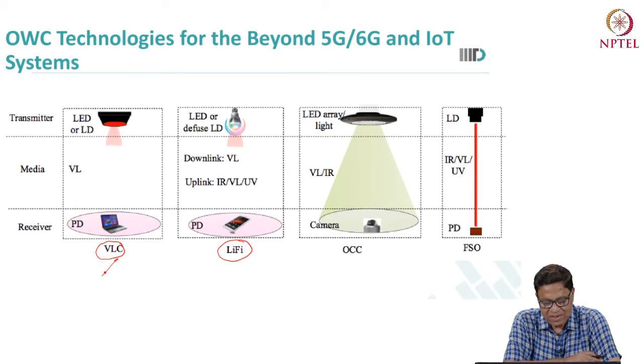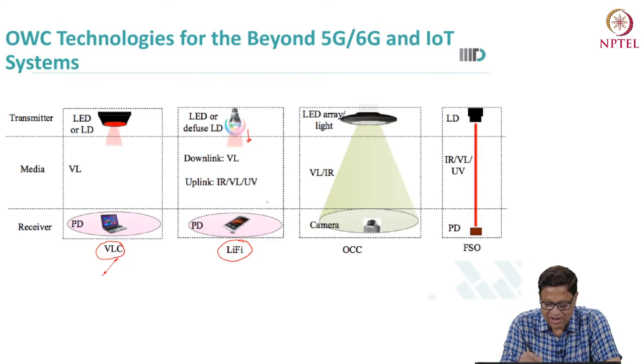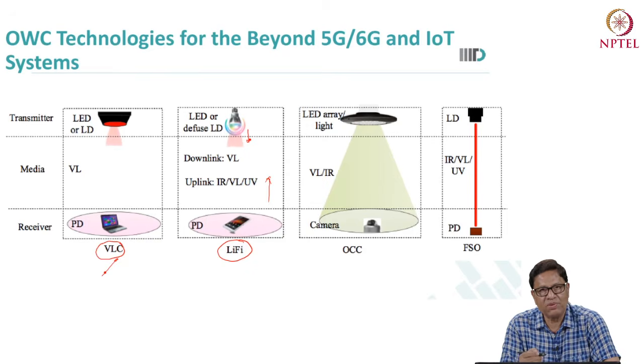And then, because it has to support both uplink as well as downlink, the downlink is visible light coming from this source, and then you have a device which will have a photodiode or some sort of dongle where the light is received, converted into electrical signals and processed. And similarly for uplink, you can have different options. You can have IR, which one is not able to see physically, because you can't see infrared with your eye.